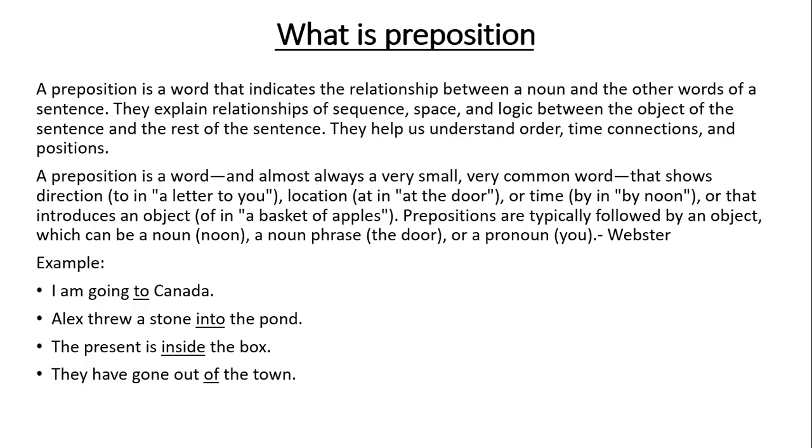Well, I think unless we consider articles as a separate part of speech, prepositions are the parts of speech which have the smallest size. Even 2 letters are enough to make one preposition word, right? Like at, of, by, they're like the smallest.